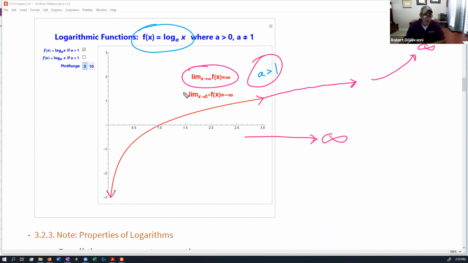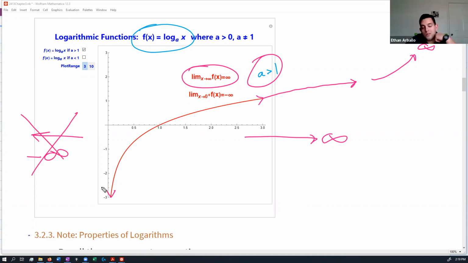Now with the log function, I cannot go to negative infinity. Why? Why am I not allowed to go out to the left? Because there's a vertical asymptote over there. That's right, there's a vertical asymptote. You cannot plug negative numbers into logs. College algebra, logarithmic functions have domain restrictions. You are never allowed to plug in 0 or negatives into logarithms, which means that when you look at the graph of any logarithm, it will never exist to the left of the y-axis.